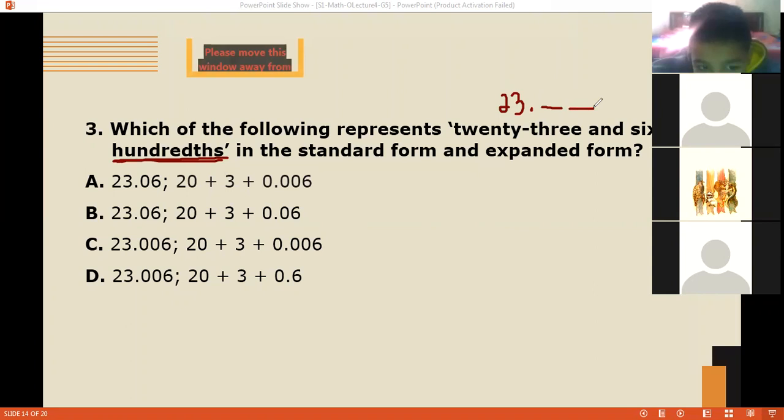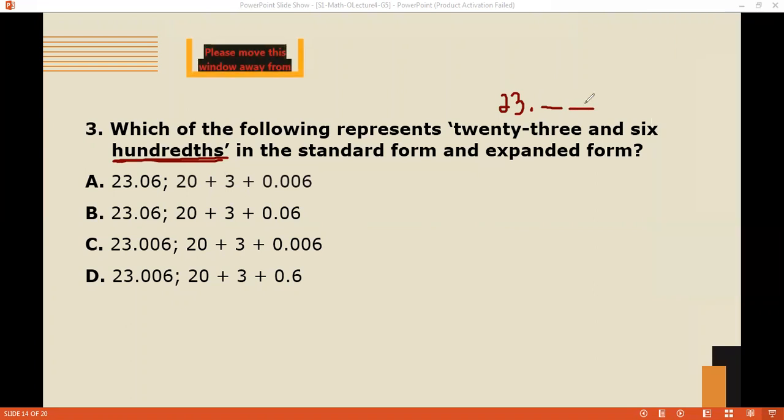So where do I put the 6? At the last. What about the empty place? 0. So C is not correct. D is not correct. So it's either A or B. Let us write it in expanded form in order to know which one is the correct answer. Yalla Rena, what do you think?